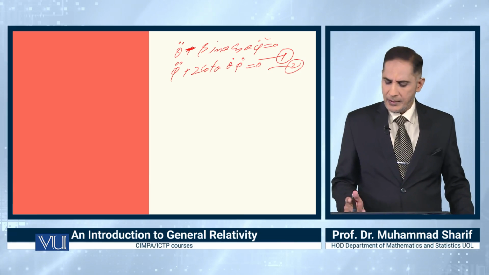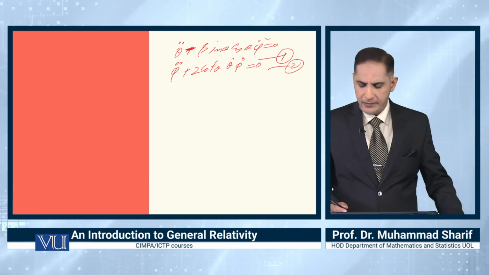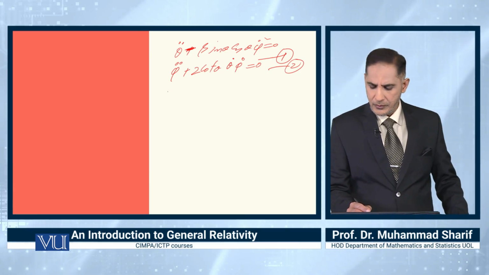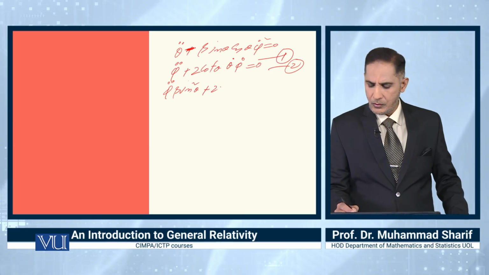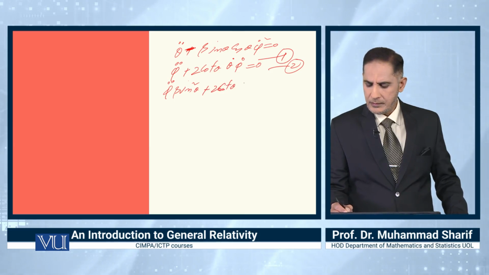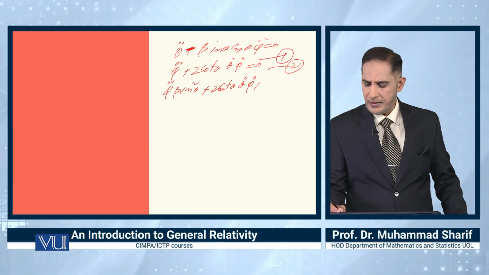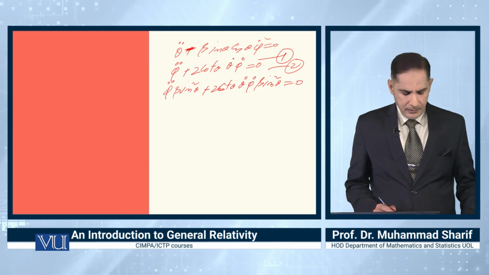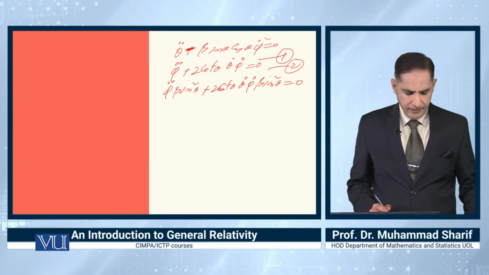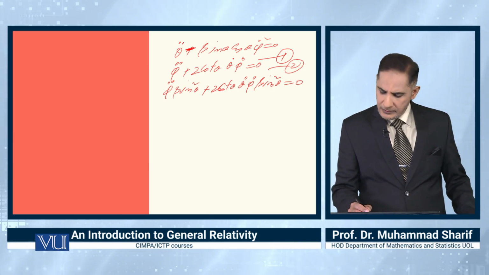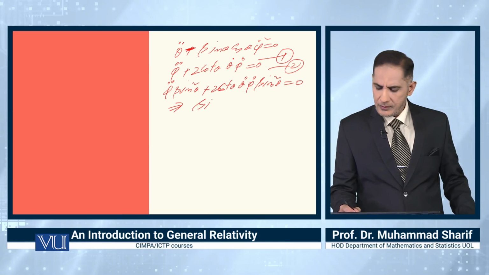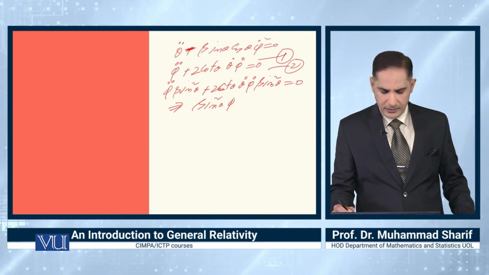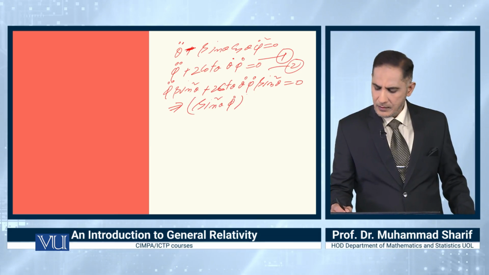Well, we can multiply equation number 2 by sine square theta. So phi double dot sine square theta plus 2 cot theta theta dot phi dot sine square theta is equal to 0. Now this equation can be written as an exact differential: d over ds of sine square theta phi dot is equal to 0.